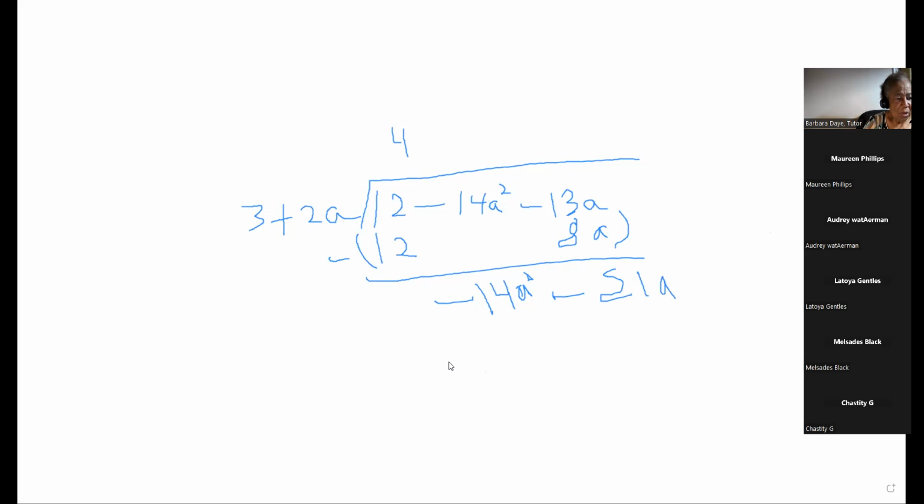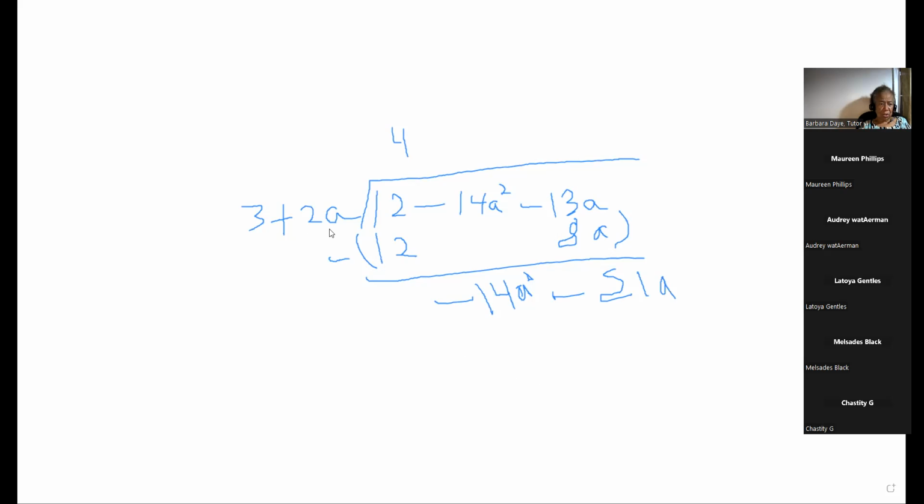Well, anyway, this will be a minus 7a, and then minus 7a times 3 is minus 21a, and 7a times 2a is 14a squared. And then when you subtract, it goes to 0. Okay, so I may have to do it in the session notes.